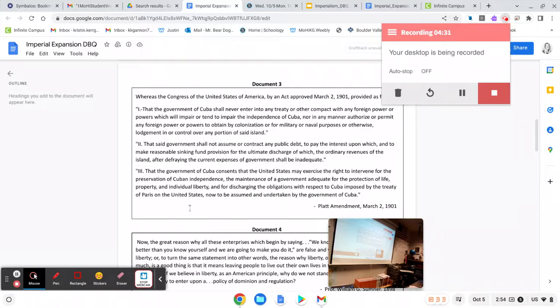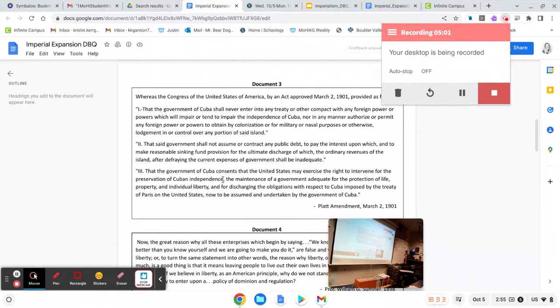I think what's important in here is about the third line down, highlight independence of Cuba. And in this document, we are going to defend Cuba, and it's actually spelled out right down here. The U.S. gets to intervene in the preservation of Cuban independence.